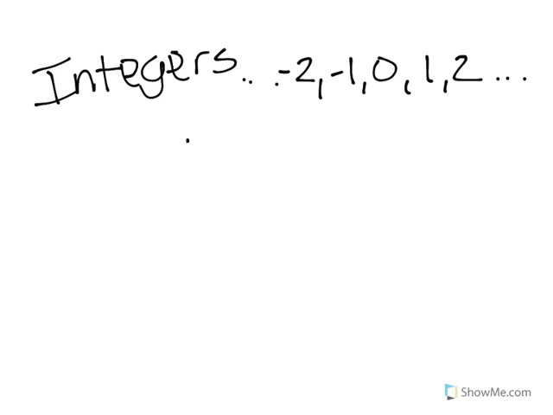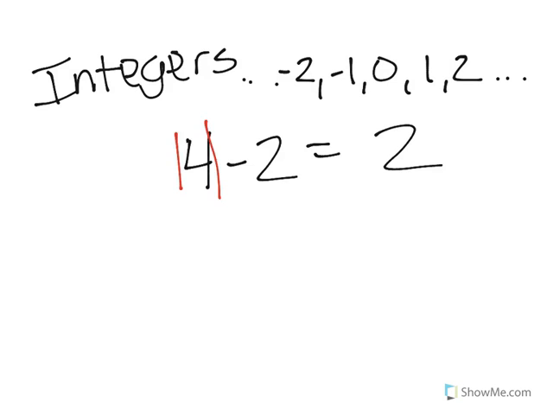So what do you do if they're different signs? 4 minus 2 is 2. Why? Because if they're different signs, you're going to subtract the number with greater absolute value, 4, by 2, and you get 2. Now, once I have my answer, I look, is 4 positive or negative? It was positive, therefore my answer is positive. So what if I had 2 minus 4?